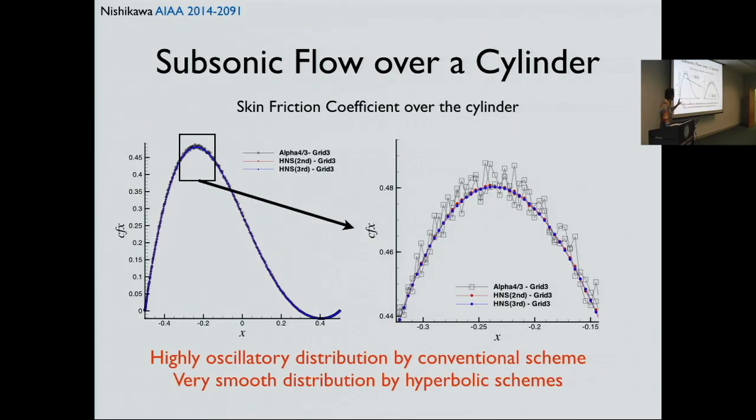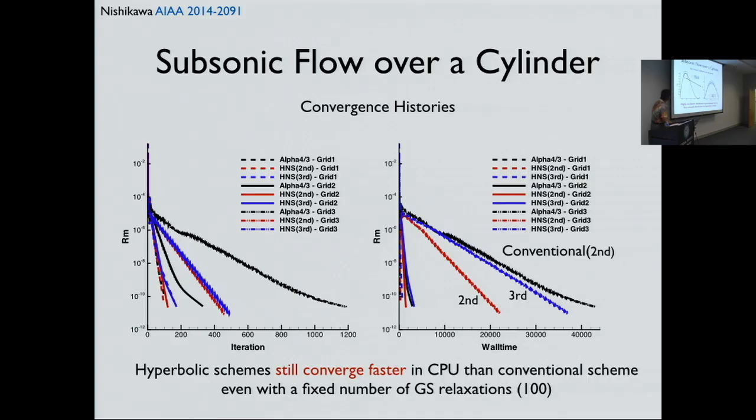And again, for the viscous stress, you get highly oscillating skin friction. In a way, if you integrate this to get the total drag, maybe errors cancel and you may get a decent prediction. But the hyperbolic Navier-Stokes gives much smoother distributions.